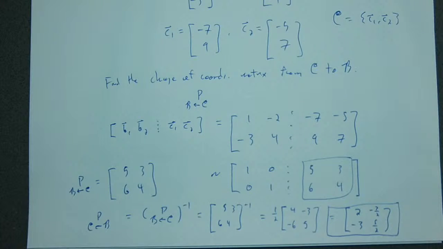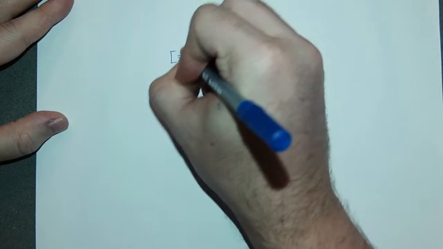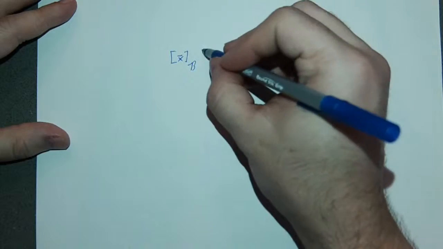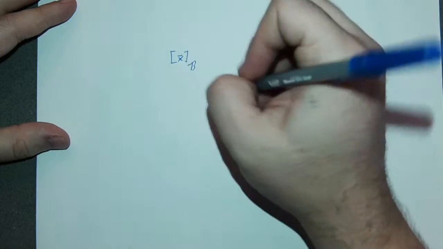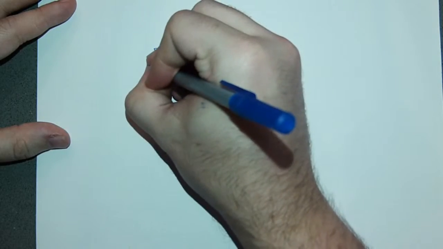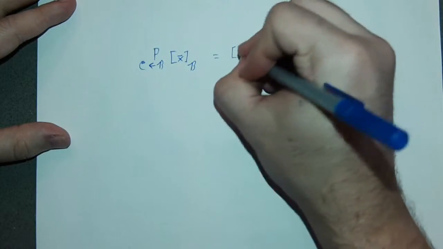Okay. And so again, the way to keep track of what's going on here is, if I start with a coordinate vector that is, say, a B coordinate vector, and I want to transform this to a C coordinate vector, then what do I do to it? I multiply on the left by the matrix that changes coordinates from B to C, and what I get is the C coordinate vector.